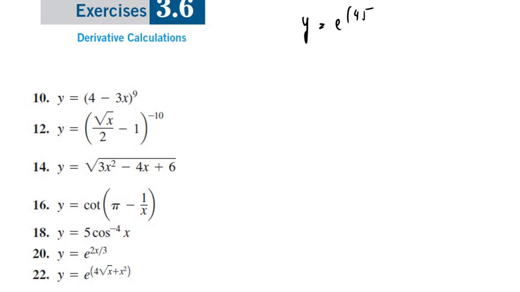First we differentiate the parent function. e to the power x is always the same. So e to the power 2x over 3 multiplied by the differentiation of 2x over 3. Differentiation of 2x over 3 is just 2 over 3.